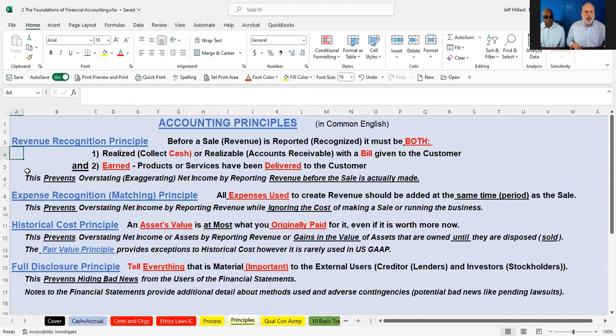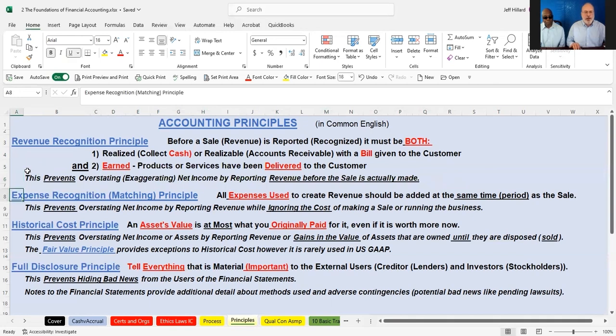But that's really not usually the issue. The issue is, have we earned it? Have we earned it by, again, a performance obligation being satisfied, which means delivered to the customer, and we'll get to that. This prevents companies from overstating or exaggerating net income by reporting revenue before it's actually made.